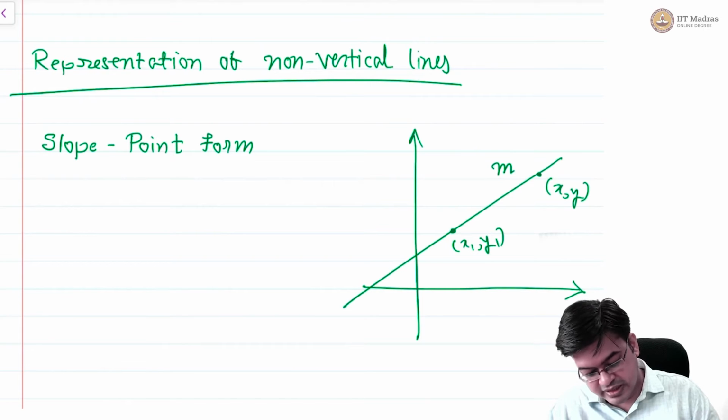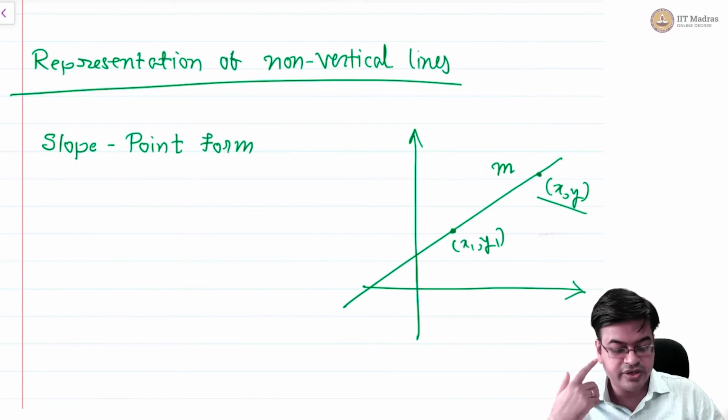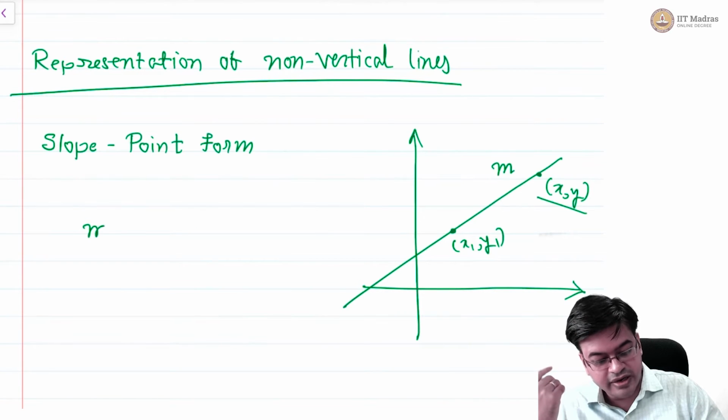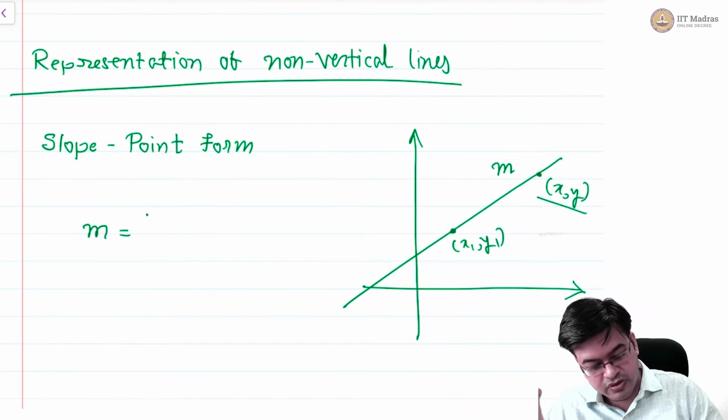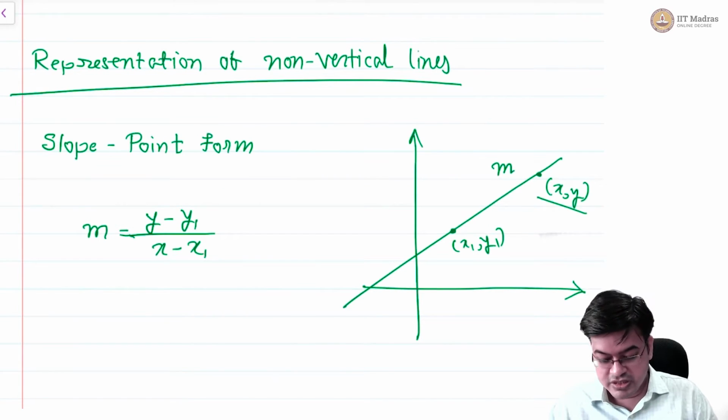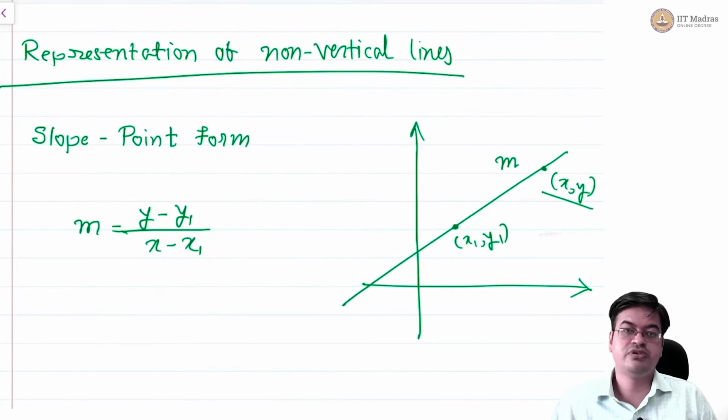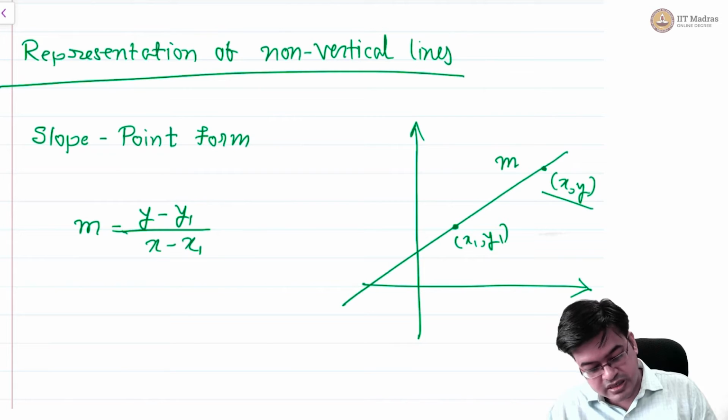This is x1, y1, and this point x, y you take as x2, y2. So you write m is equal to y minus y1 upon x minus x1. Remember, this point x comma y should not be the same as x1, y1, so I will quote x not equal to x1.